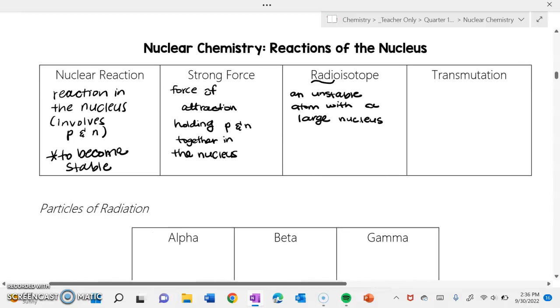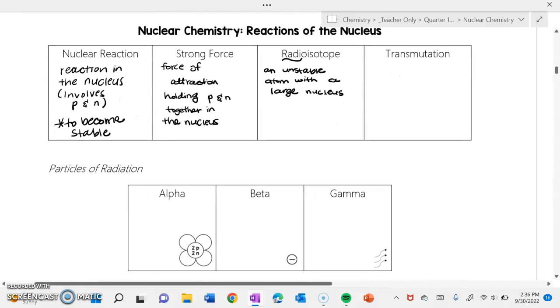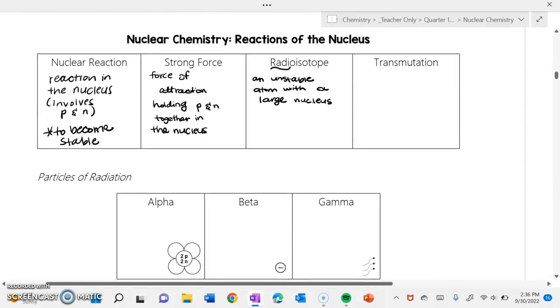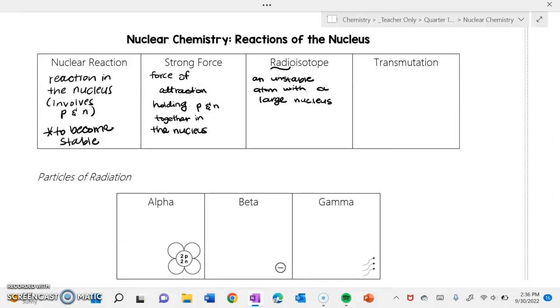We have 3 different ways that radioisotopes will do this, and that's through alpha, beta, and gamma decay. The process of decaying is called transmutation, changing from an unstable nucleus to a stable nucleus. And in the process, particles of radiation will be released, and that leads us to alpha, beta, and gamma.